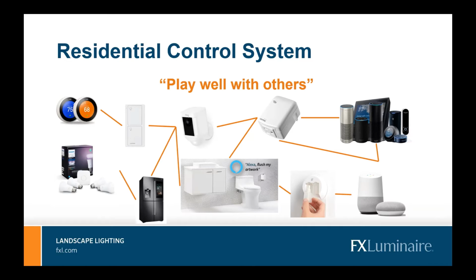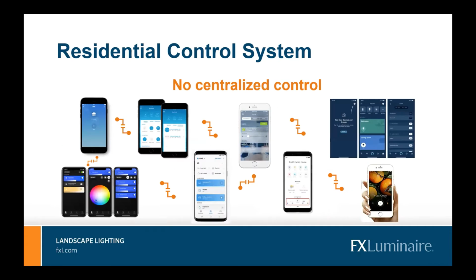So I need to know that I can turn off my Philips Hue lights with my Lutron switch. I need to know that my security camera is going to work with Alexa, and I need to know that Alexa is going to work with pretty much everything. And this goes back to not having centralized control.